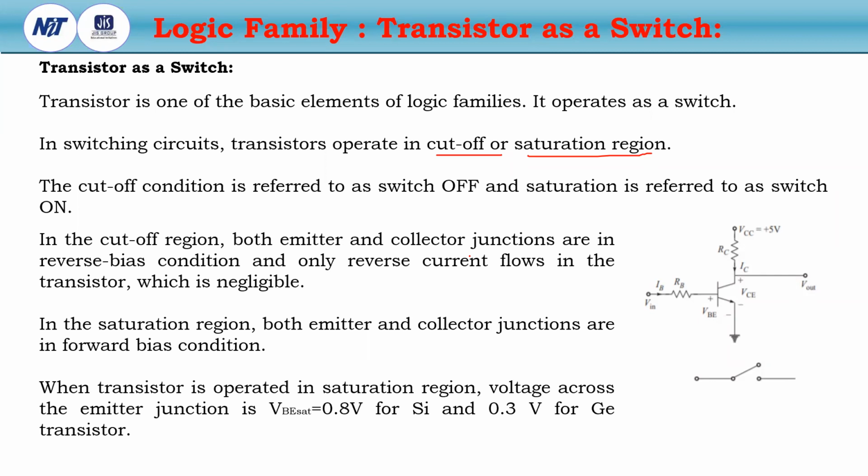All of us know, in the saturation region, both the emitter and the collector junctions are in forward bias condition. When the transistor is operated in the saturation region, the voltage across the emitter junction, VBE, is 0.8 volt for silicon and 0.3 volt for germanium transistors.